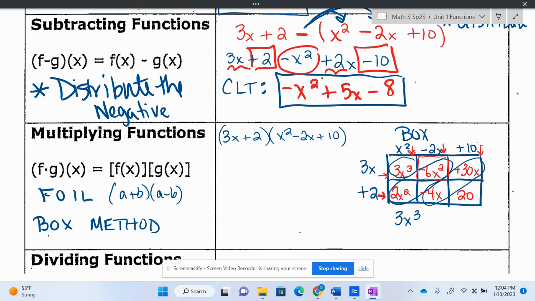Negative 6 and positive 2 gives me negative 4. And then I have a negative 4x and a positive 30x, which gives me positive 26x. Awesome. And then that 20 is positive, so plus 20 at the end.